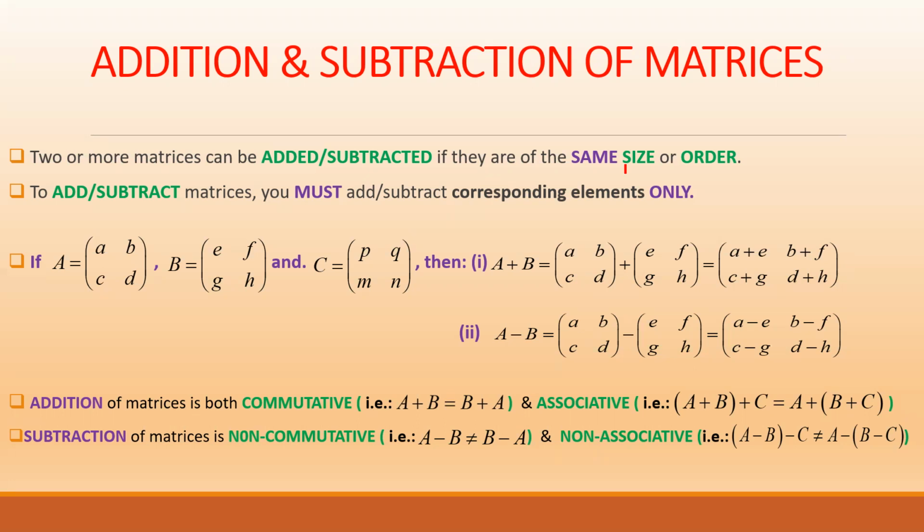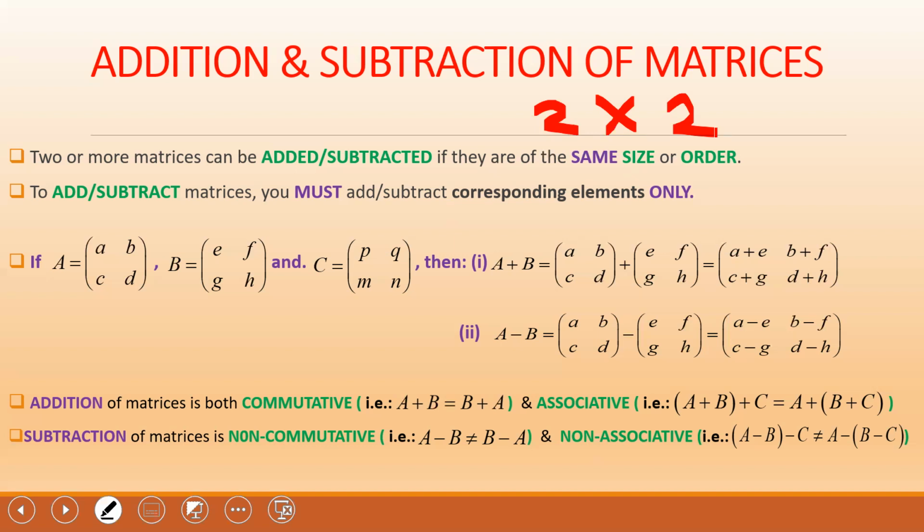If they are of the same size or order, it means that they are compatible. And once they are compatible, it means that we can add or subtract them. So in other words, I can add a 2 by 2 matrix with another 2 by 2 matrix, right?